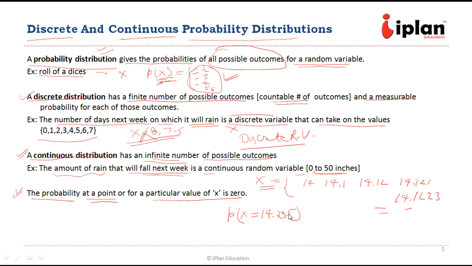This probability is going to be 0 because we know overall probability is going to be 1 for all the cases, and there are infinite number of cases. So for one particular case, probability is going to be very, very small, and we can say it is 0. Now let us look at various functions which define probability distribution.